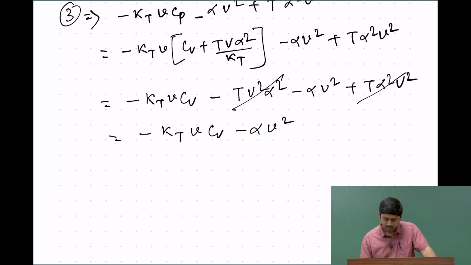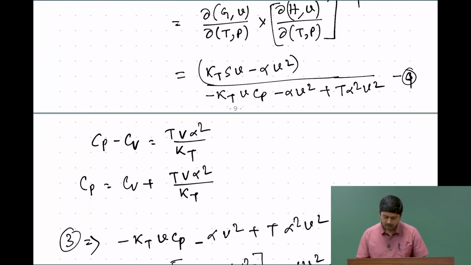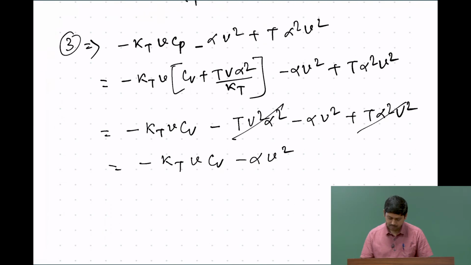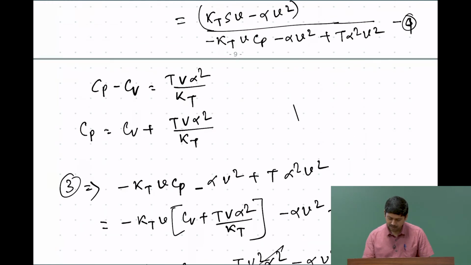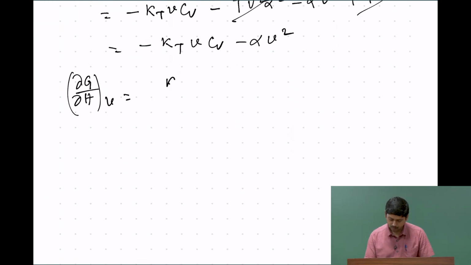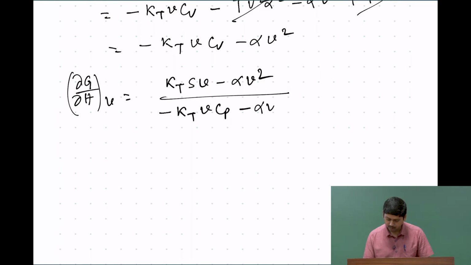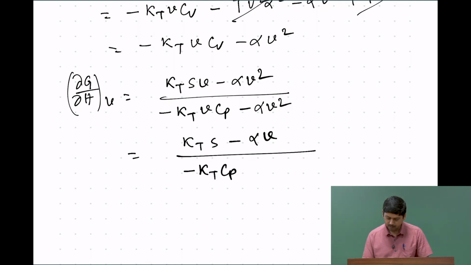So the result is a little bit simpler: kappa T S v minus alpha v square. Therefore, del g by del h at a constant v is kappa T S v minus alpha v square divided by minus kappa T v C v minus alpha v square. At least one v can go, and we get kappa T s minus alpha v divided by minus kappa T C v minus alpha v.